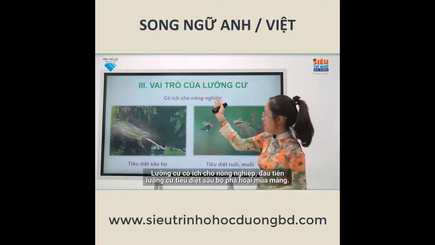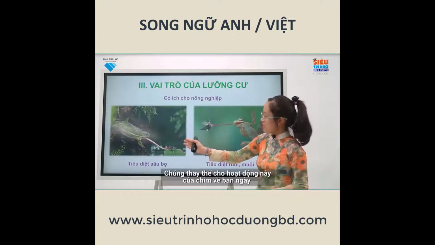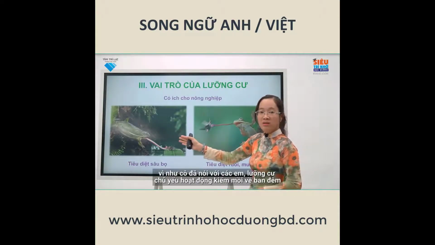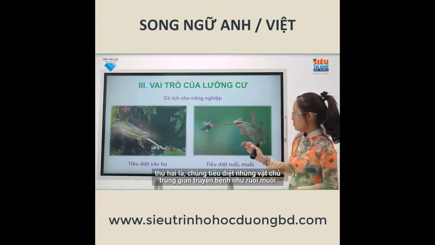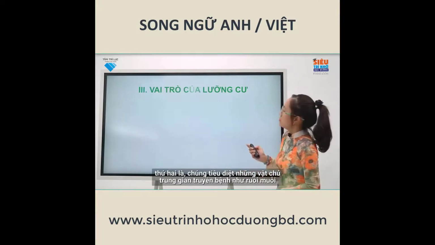Amphibians are useful for agriculture. First of all, amphibians kill insects that destroy crops. They replace this activity of birds during the day because, as I told you, amphibians are mainly nocturnal foragers. Secondly, they destroy vectors of disease transmission such as flies and mosquitoes.